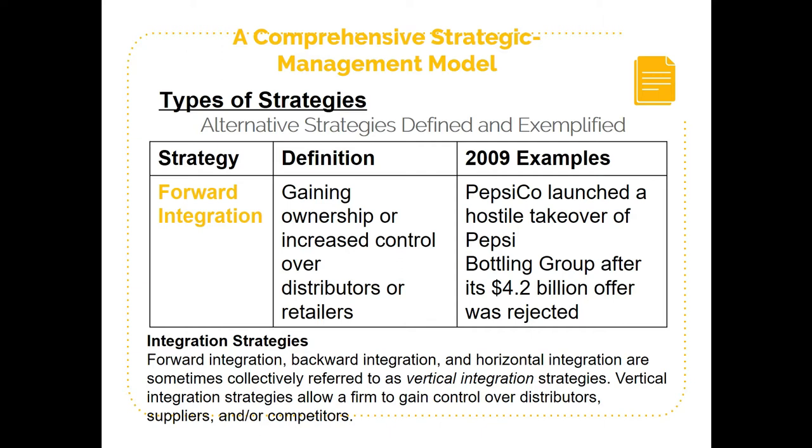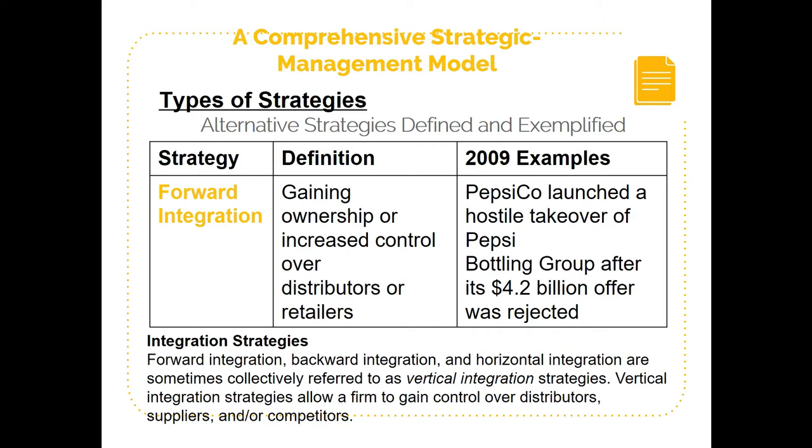So they gained ownership over the distributor or retailers. When you say forward integration, an example for this is that you are a manufacturer, but at the same time you gain control over retailing or distributing your product. That is forward integration.